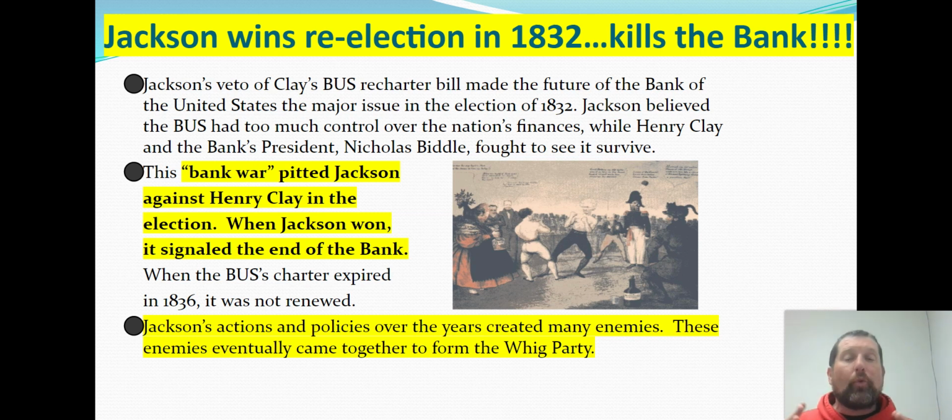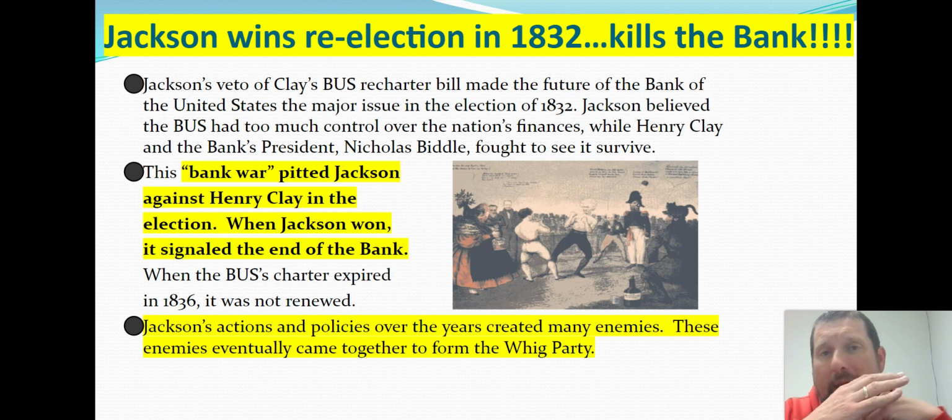So if we're talking about, guys, essentially a single campaign issue election, when there is a victory in that election, it is seen as a mandate to implement that single policy.